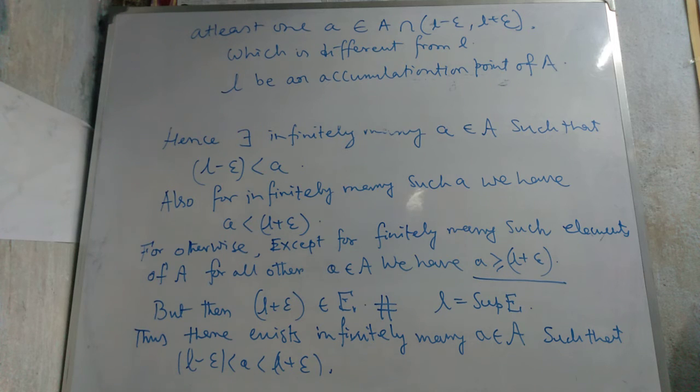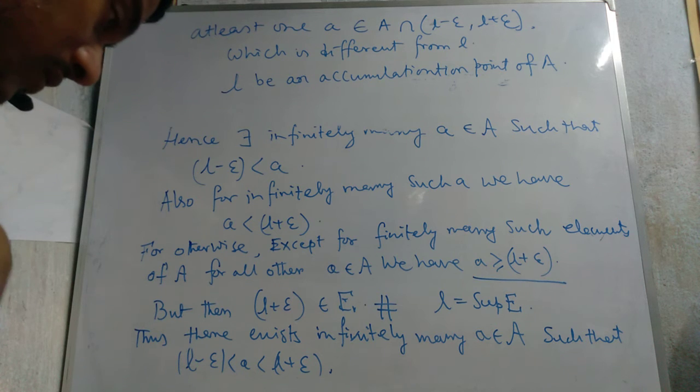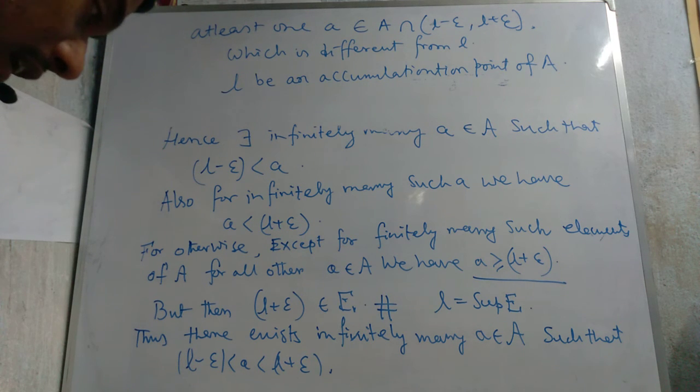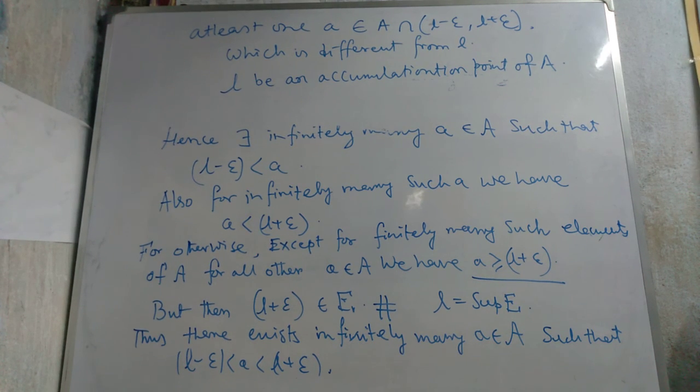Next we construct its supremum, and this supremum has infinitely many elements of A nearby. That means at least one element a different from L, the supremum, which also belongs to the intersection of a neighborhood of this supremum and A. So we do it: there exists a cluster point of A in R. Okay, so today we stop here.